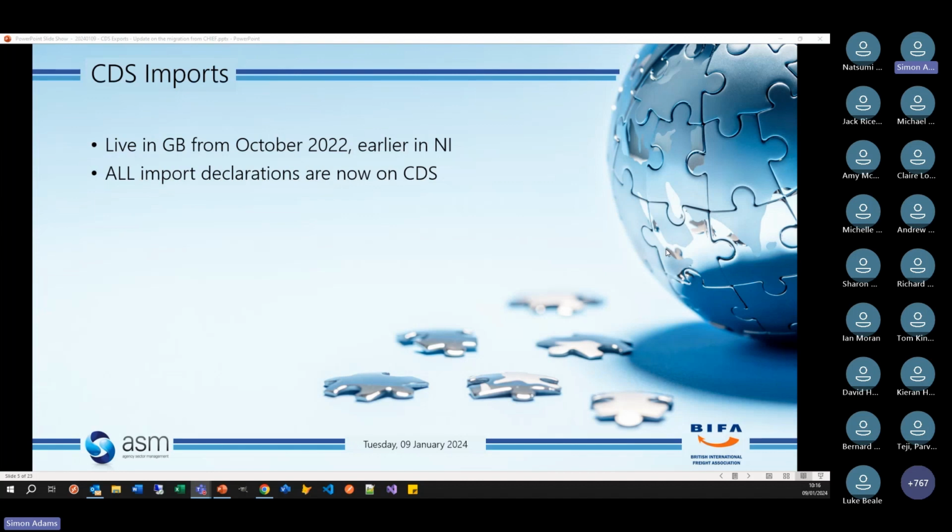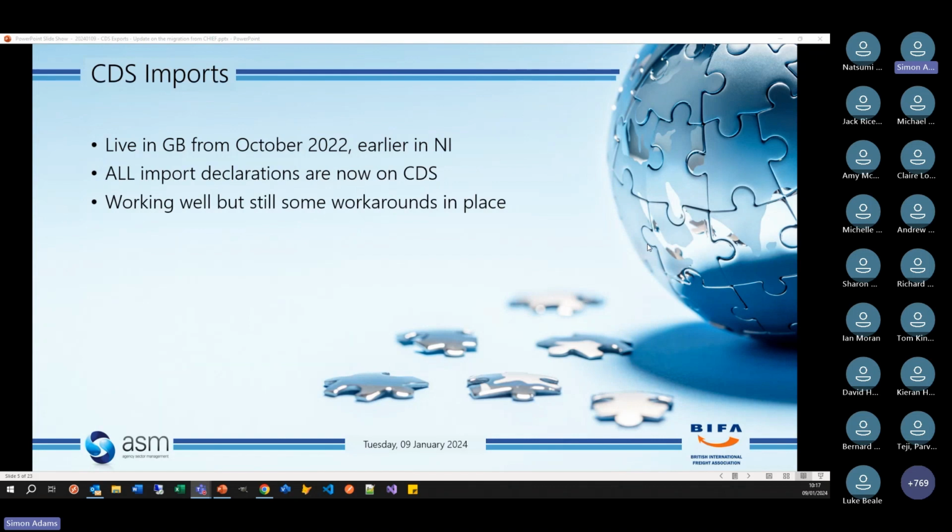There've been technical issues with people with EORI numbers and groups and VAT groups and that sort of stuff, as well as some challenges of getting the system up and running. But all imports are now on CDS as of about a month ago. It's working well. Some might dispute that, but generally it's working well.